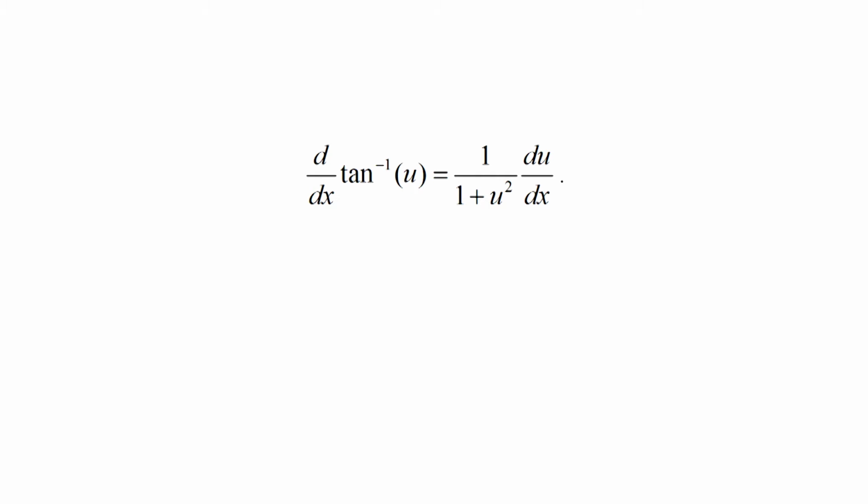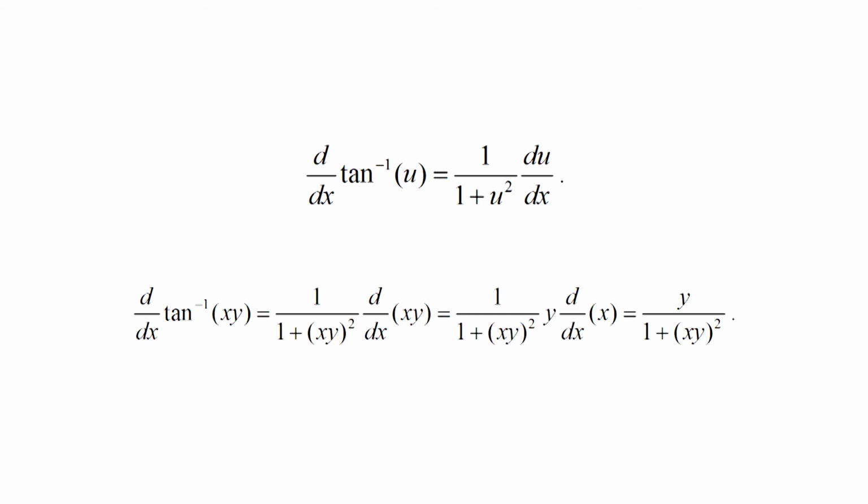Hence, with u equal to xy and treating y as constant, we have d/dx of tan inverse of xy is equal to 1 upon 1 plus (xy) whole square times d/dx of xy, which is equal to 1 upon 1 plus (xy) square times y into d/dx of x, which is equal to y upon 1 plus (xy) whole square.